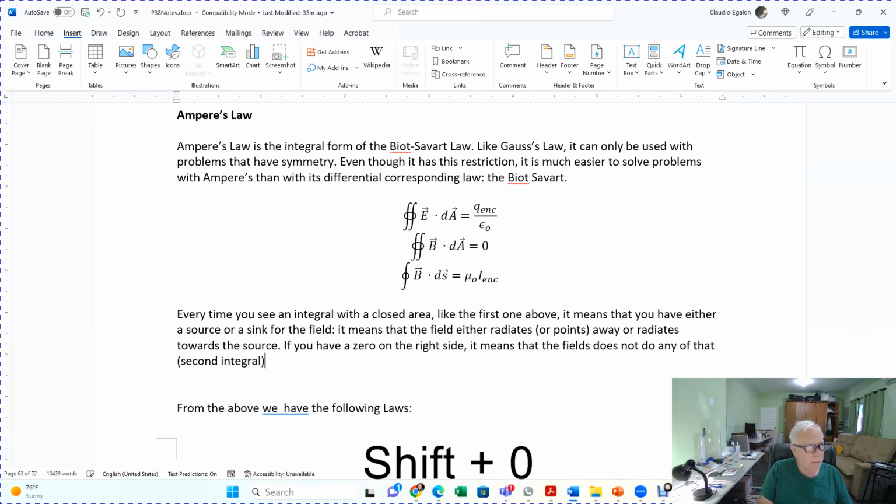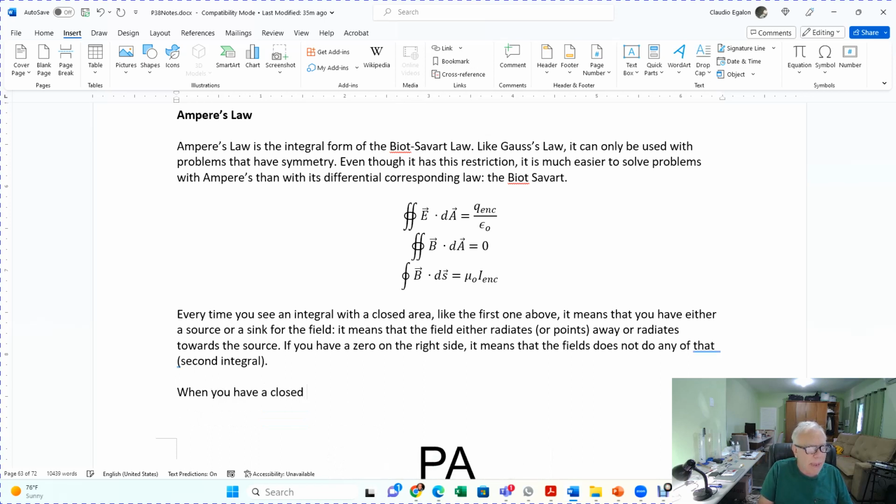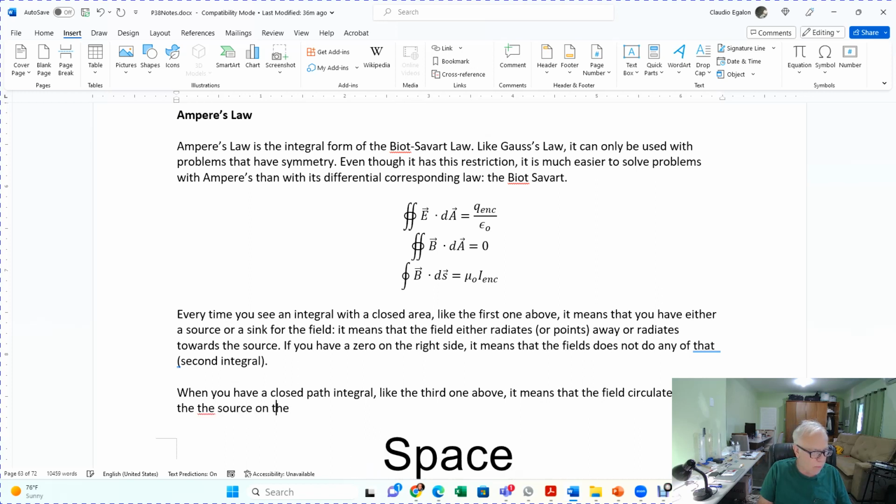Second integral. When you have a closed path integral, like the third one above, it means that the field circulates around the source on the right side, which in this case is the current enclosed by the closed path or loop.